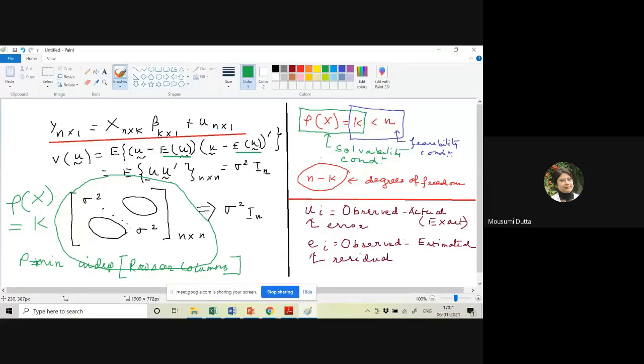Full column rank means the rank of X matrix is given by K. All K columns are independent to each other. Third part, if I say K is the rank of X matrix, that indicates K is less than or equal to the number of rows, that is N.